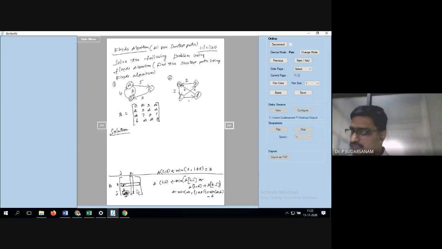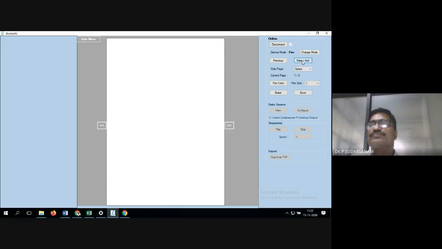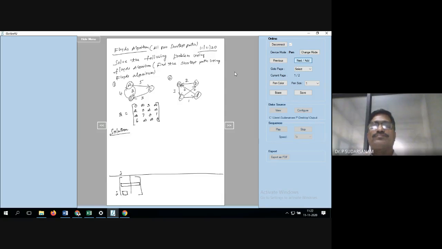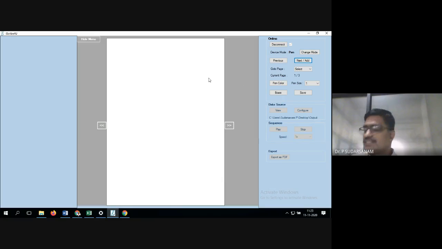First, select the first row and first column. I'll rewrite it once again. Shall I take one more sheet so that I'll be getting all the answers on the same sheet? I'll take one more sheet, and I'll also write a bit bigger. Write the solution.